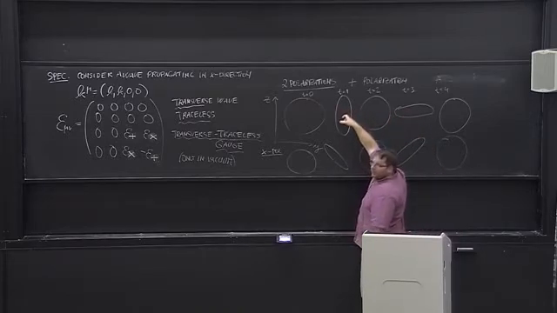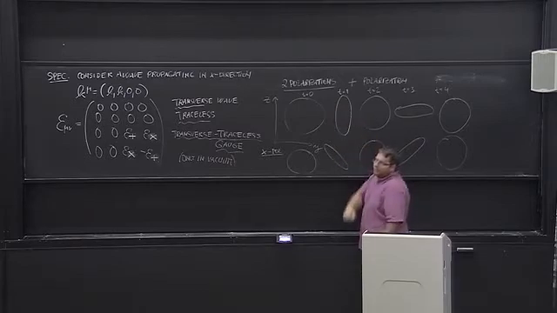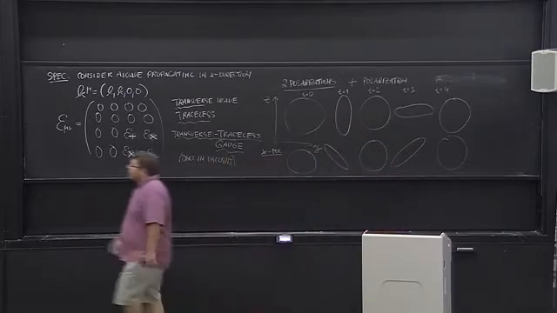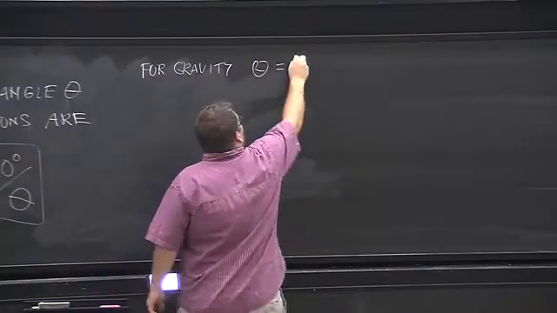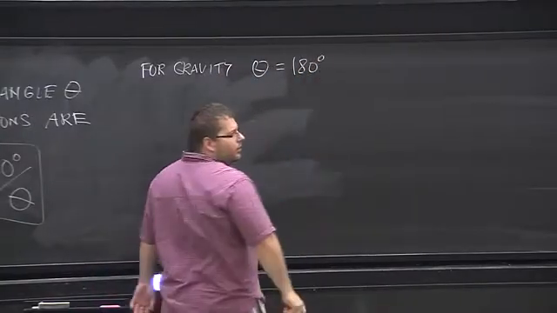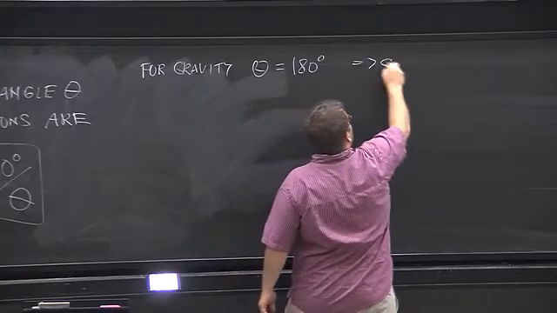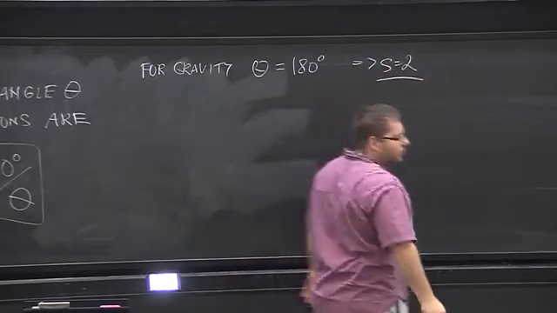And if I rotate 180 degrees, I get back to the same shape. Okay, so for gravity theta equals 180 degrees, which means that the corresponding particle has spin 2.